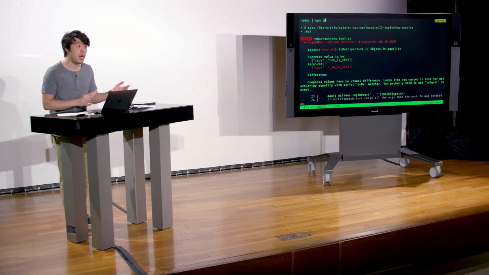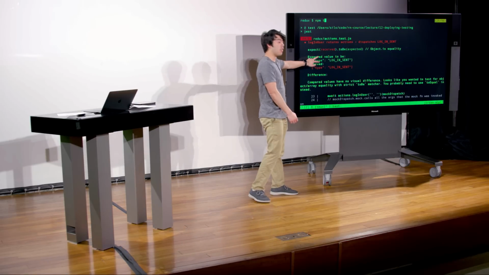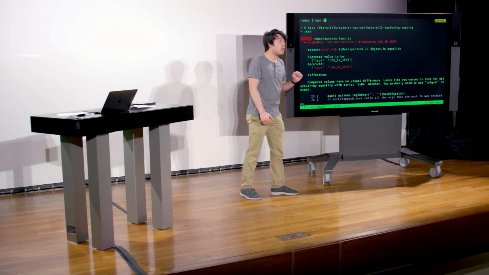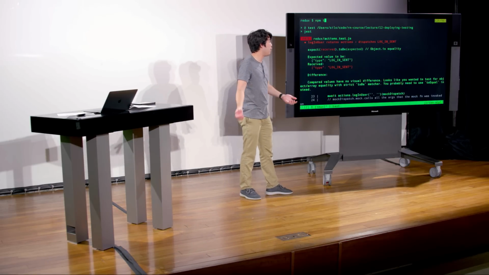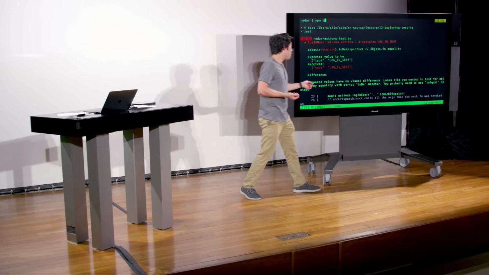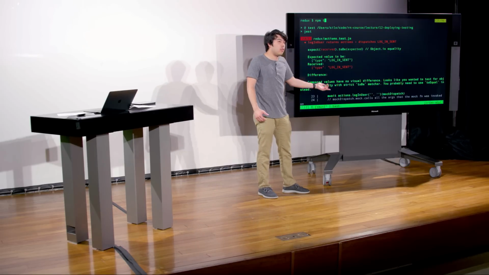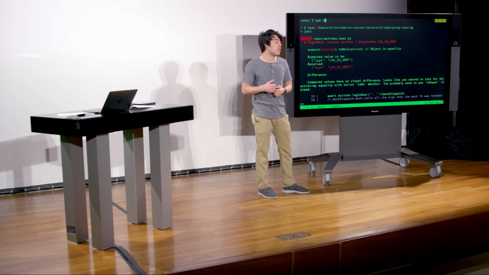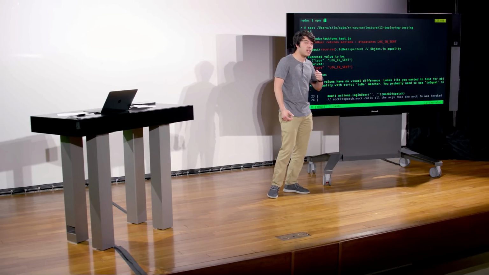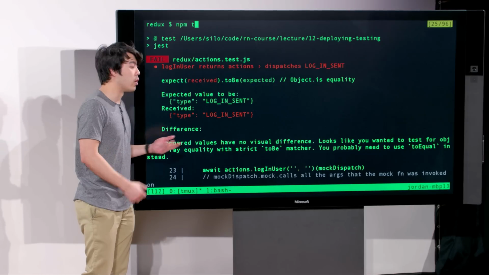We get that same error that we got earlier. We see that these two objects are the same, but the test is still failing. And it's the same reason why it failed earlier. The two values have no visual difference, but we are checking their reference. And since we just created that second object, obviously the references aren't going to match.